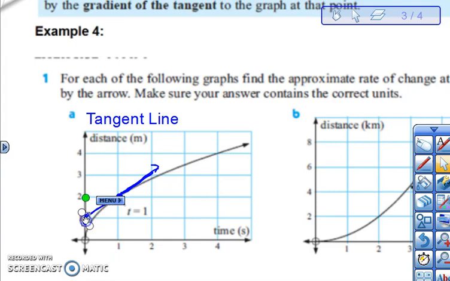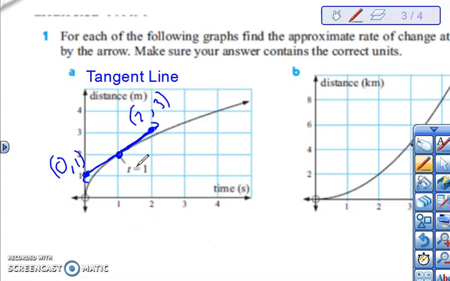So just like before, we are going to approximate these points. So that appears to be about 0, 1. This appears to be about 2 and 3. So now I just need to figure out my rate of change.